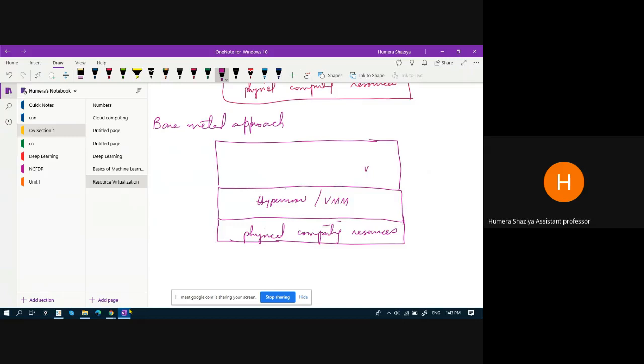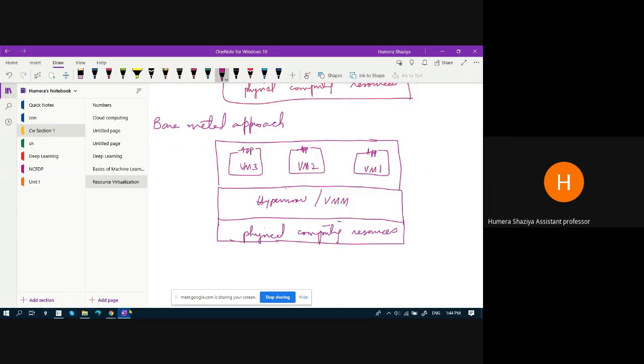So you have virtual machine 1, virtual machine 2, virtual machine 3, and each app is running on its virtual machine. You don't find a host operating system in this model. That is removed.